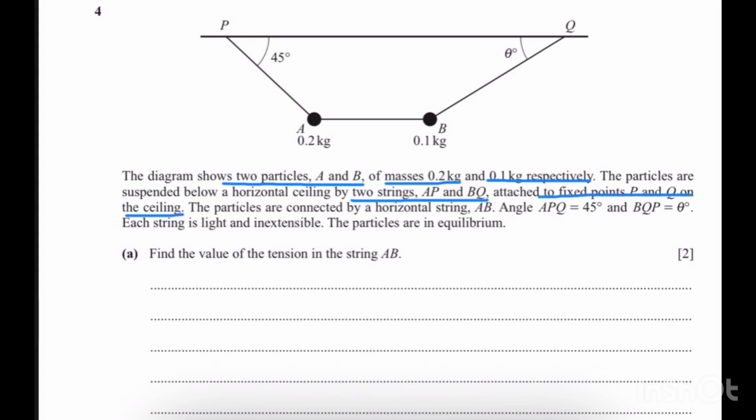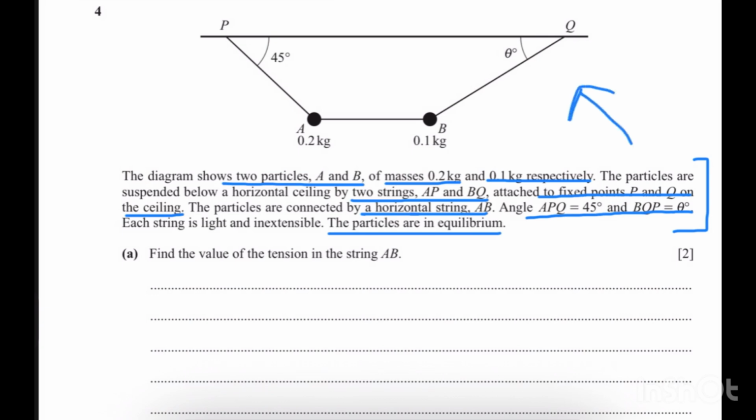The particles are connected by a horizontal string AB. Angle APQ is 45 degrees and BQP is theta degrees. Each string is light and inextensible. The particles are in equilibrium. So all this is describing what is already shown in the diagram over here.